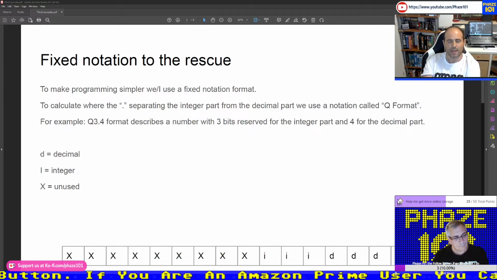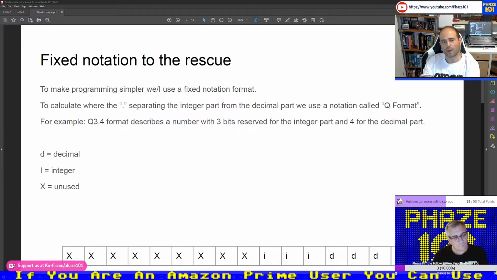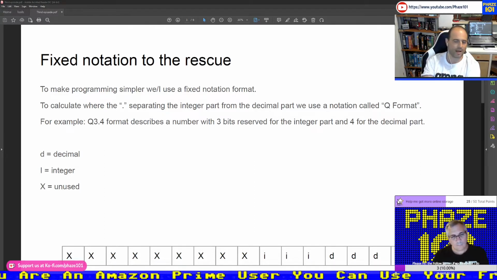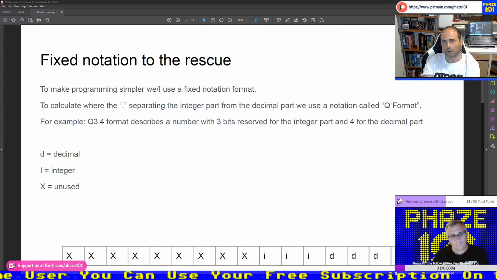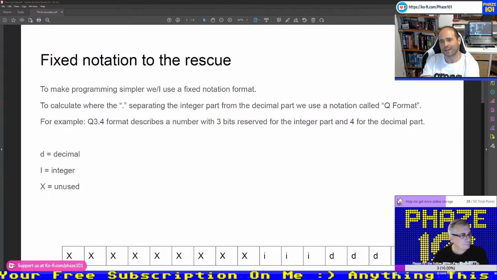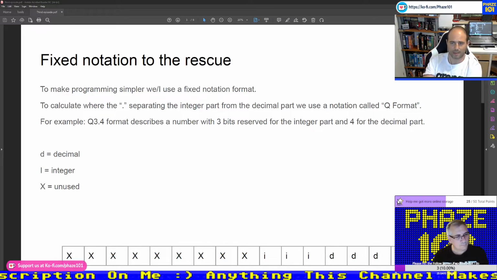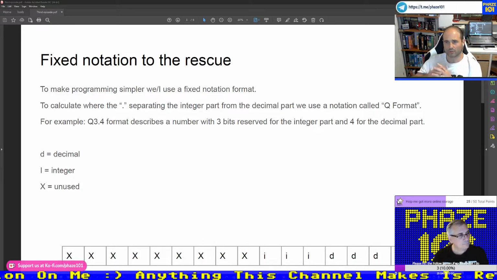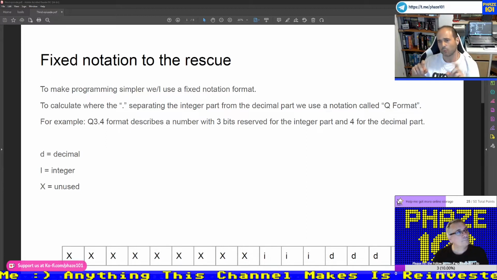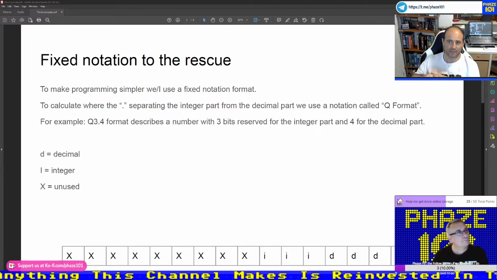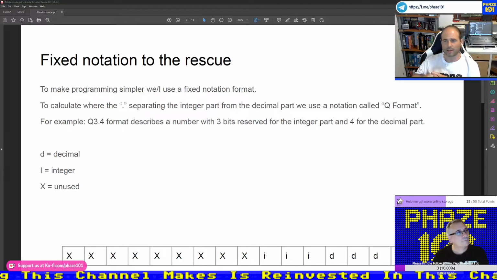Here I said x equals unused, so it means that we are not using these bits, but of course they are meaningful, because usually when you have a format like this in a 16-bit memory area, you fill the x with zeros in case of a positive number and with 1s in case of a negative.